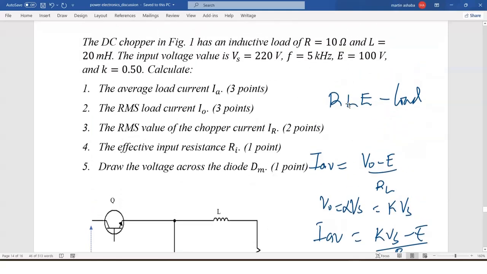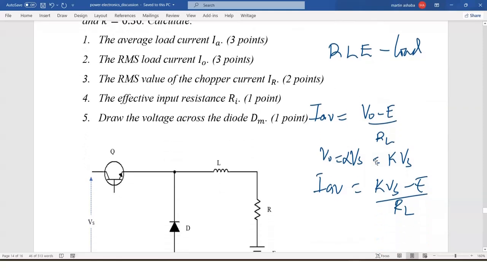First of all, we have already identified that this is an RLE load, and therefore the average load current is going to be V0 minus E divided by the load resistance. But V0 is the same as duty cycle times Vs, which is KVs.